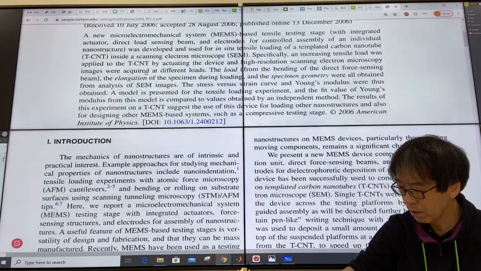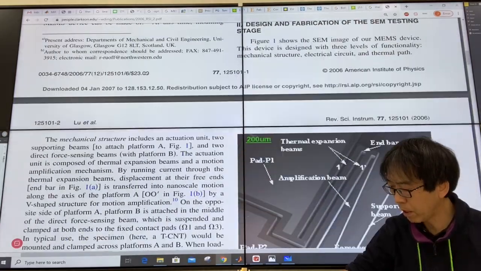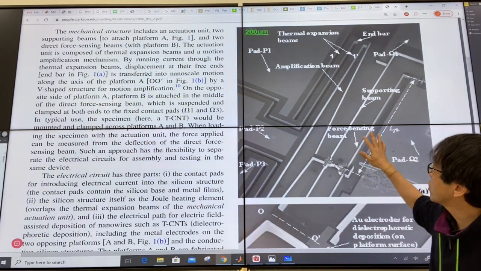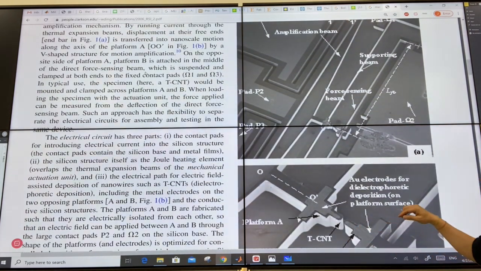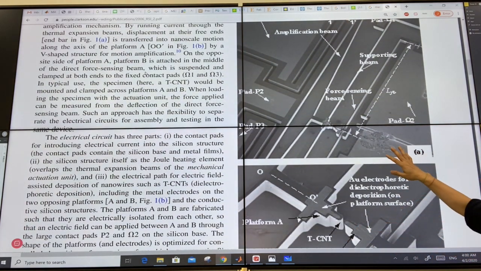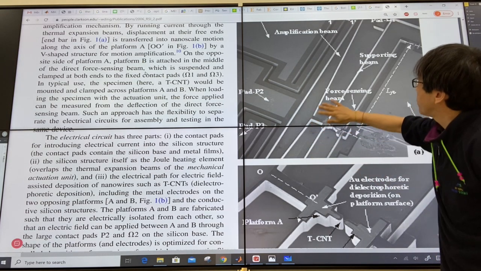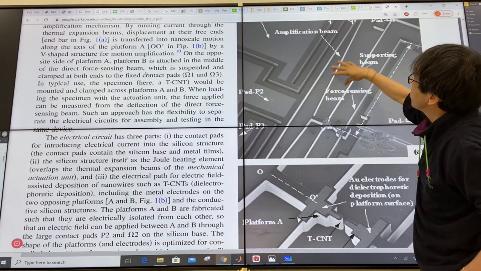Just take a look at some of the pictures. Probably I can provide some explanation of what is going on. So this is a micro scale stage. Look, the size of it is only tens of microns. And this long beam is just a mechanical beam, something called an amplification beam.